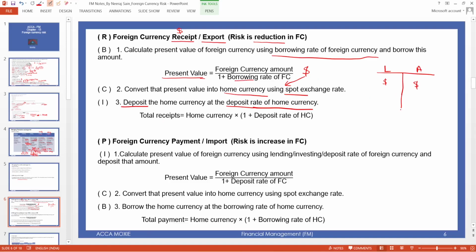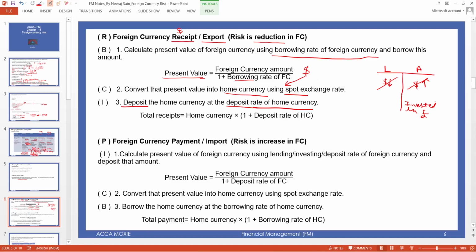We created one liability, but we invested that in pound. So if the dollar value increases, this asset will increase, but this will reduce, because if we are receiving more money, we have to pay more as well, right? So net there is no benefit and there is no loss.